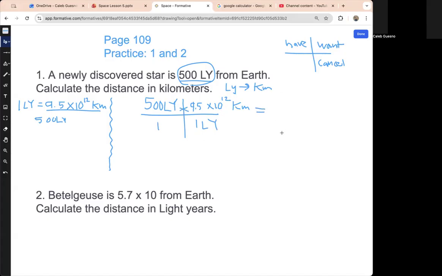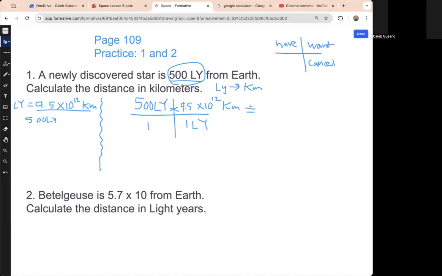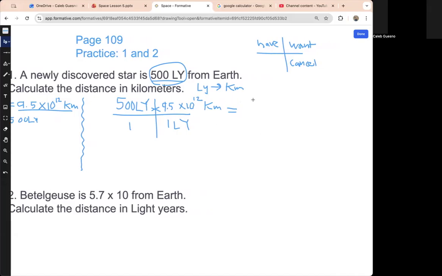So I'm going to clean this up and rewrite it right here on the side. We have 500 light years over 1 light year. Light years are going to cancel out. So I just put this over this.